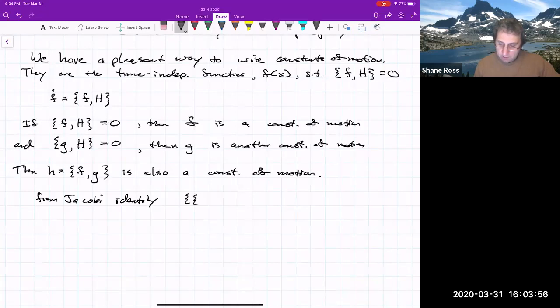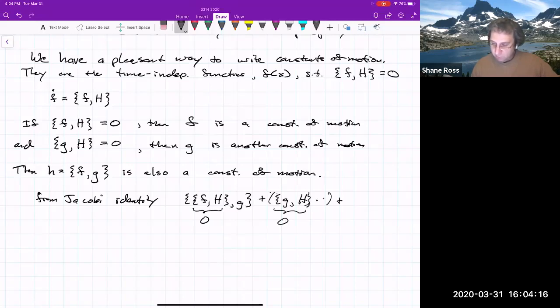If we've got {f, {g, h}} and this equals 0, and we'll have some other term that's got g, h, and some other stuff, well, that'll equal 0. Then we're left with {f, g} with h.